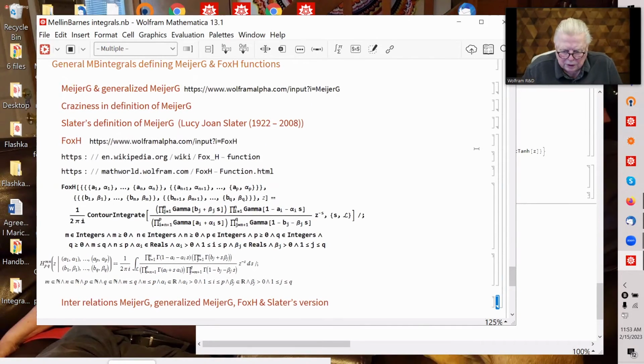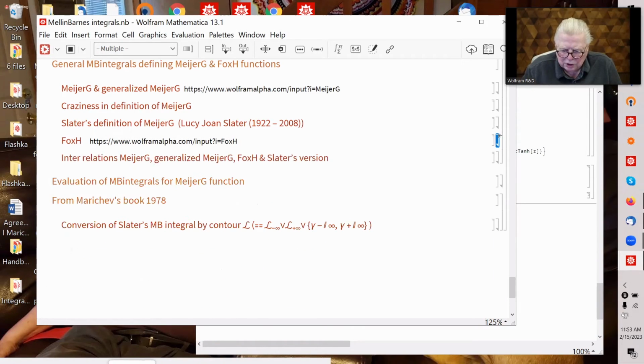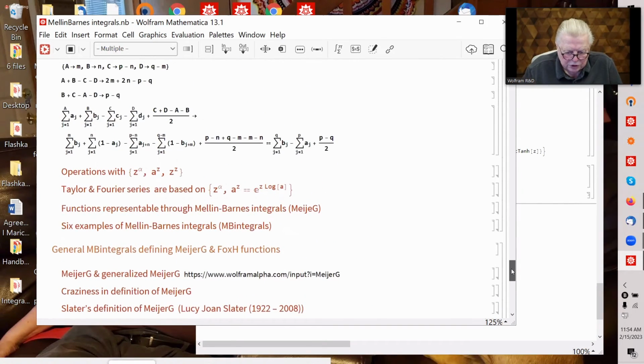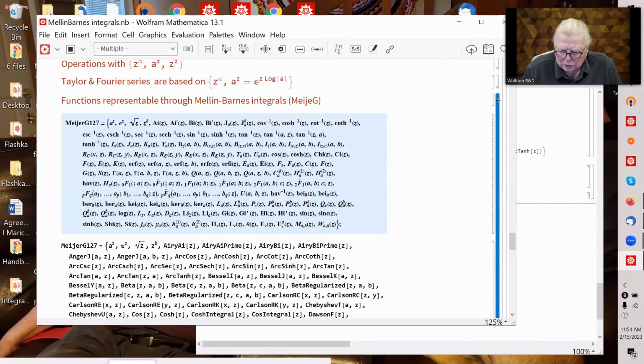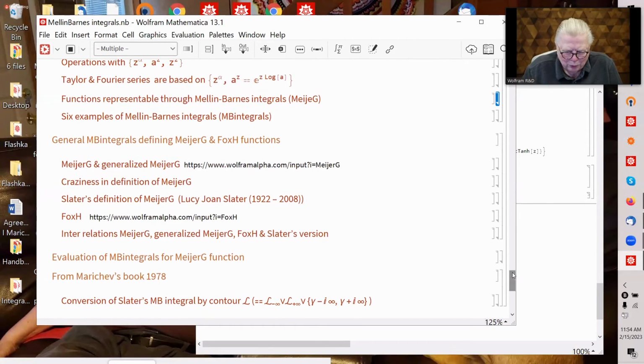We made a rather good trip around these Mellin-Barnes integrals, but we did not touch very important questions. How to evaluate this object? I will go to this area right now, but before that I try to look at what important thing I forgot to say.